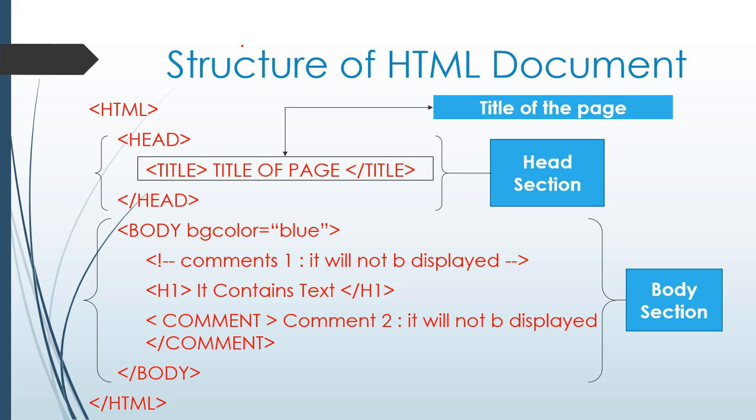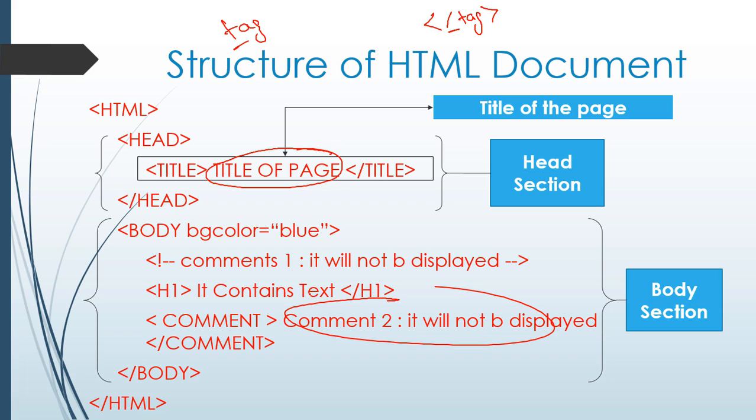Whenever you are writing a tag, you will use angular brackets. Whenever you close the tag, then in the closing section along with the angular brackets, you have to use the slash also. And whenever you are writing a simple text, for example, over this side I have written a simple text, or in this section I have written a simple text, for writing normal text that you want to see in your output, for that piece of text you don't have to use the angular brackets.